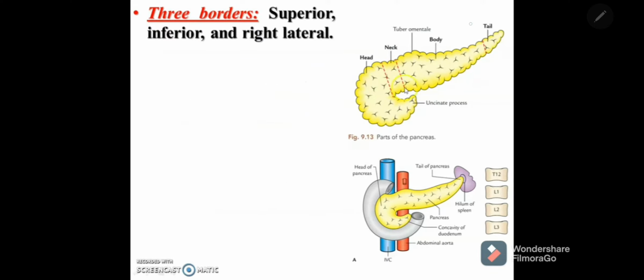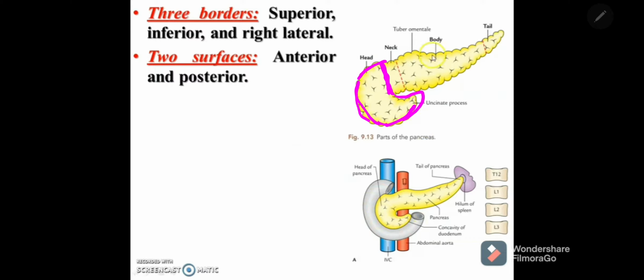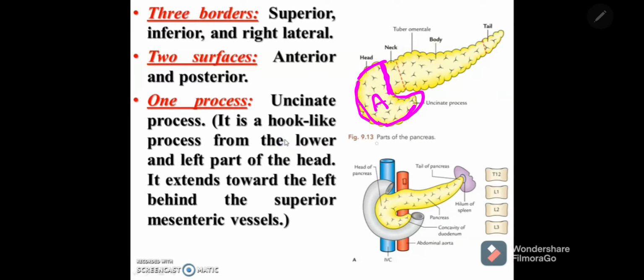So the head presents the following features. It presents 3 borders, that is superior, inferior and right lateral border, which are demarcated prominently. And this imaginary one you can say is the left border, and here you can see the uncinate process, and two surfaces, that is anterior surface and posterior surface.